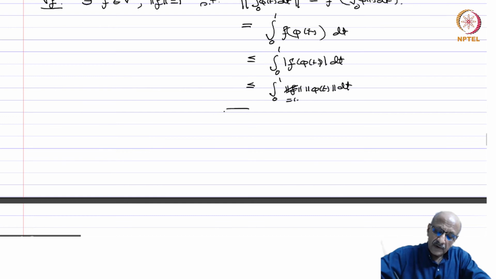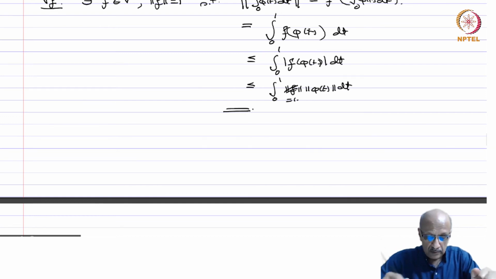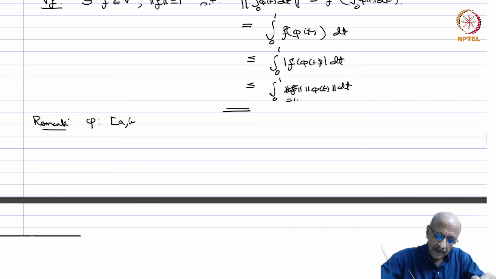So we have done the integral from 0 to 1, but you can do this in any interval. So, remark: suppose phi is from [a,b] to V continuous. How will I define the integral?